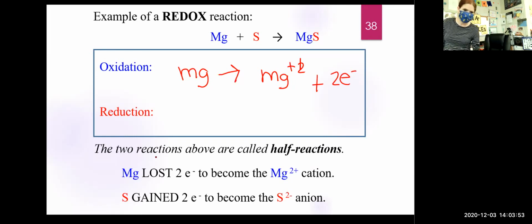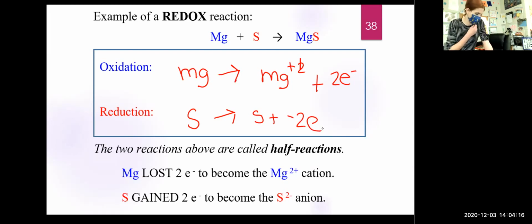So which one's getting reduced? Okay, if magnesium is getting oxidized, which one? It's the sulfur. So there you're going to end up with sulfur S plus a negative 2e. Very good. These are called half reactions. Okay, they're half reactions.